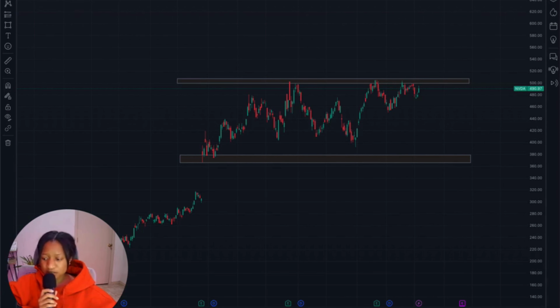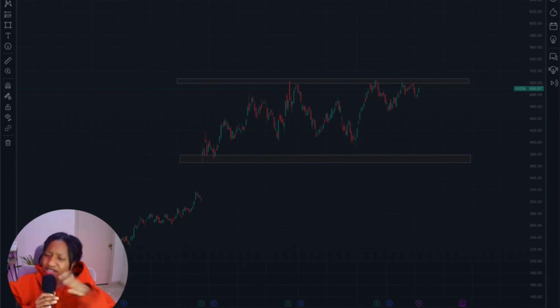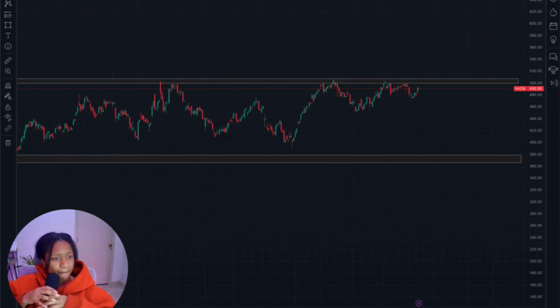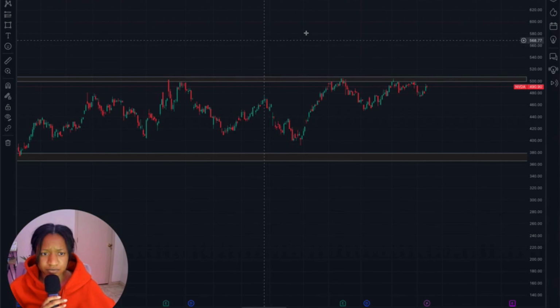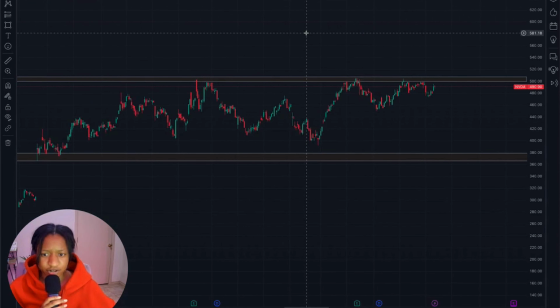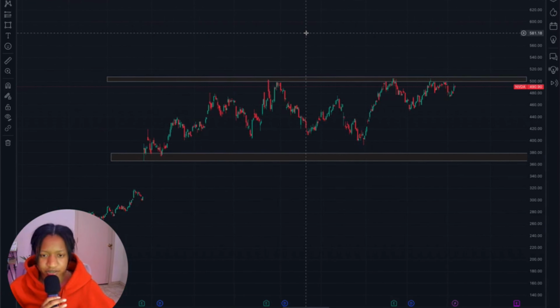Okay, so the next time frame that I use is the 4-hour time frame. So now we're going to go to the 4-hour time frame. And it actually looks really clean. I like it.